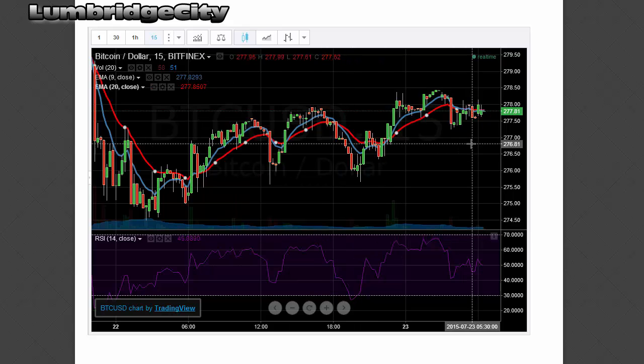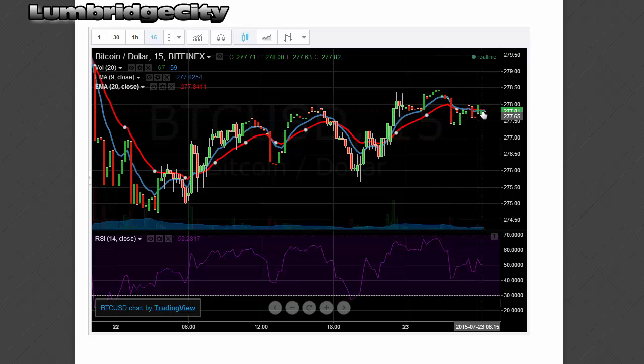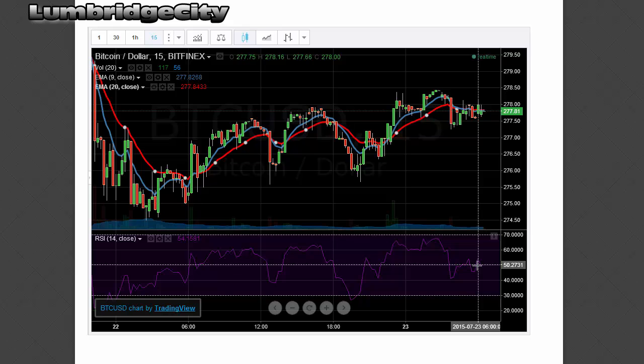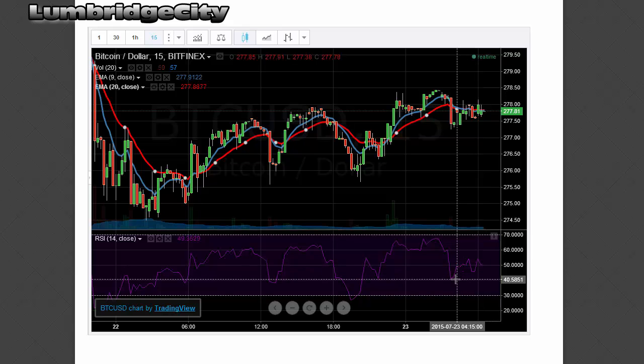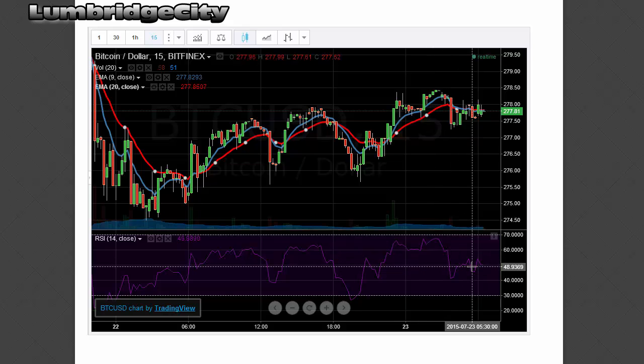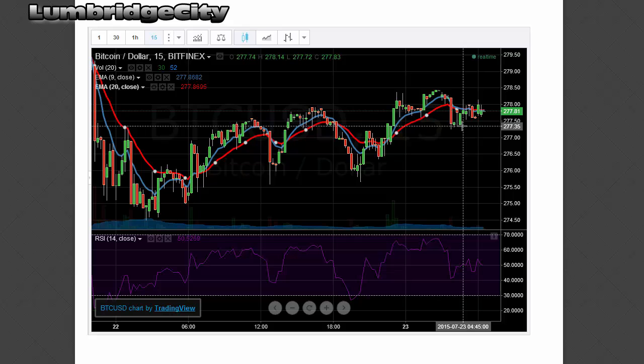So now we can take a look at this chart and see if the price is making a 1, 2, 3 top formation, price is crossing over at the same time that we have a divergence in the move in the relative strength index. So the relative strength isn't diverging really strongly from the prices right now. The moving averages haven't crossed over, and the 1, 2, 3 formation hasn't confirmed itself yet. So I would still be watching. There's no trading signal for me here.